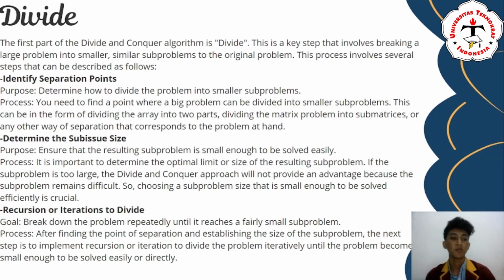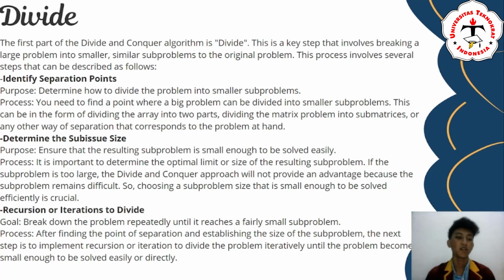If the subproblem is too large, the divide and conquer approach will not provide an advantage because the subproblem remains difficult. So, choosing a subproblem size that is small enough to be solved efficiently is crucial.